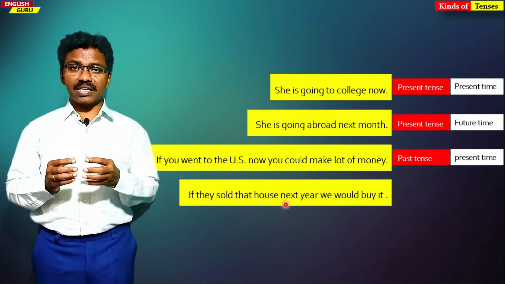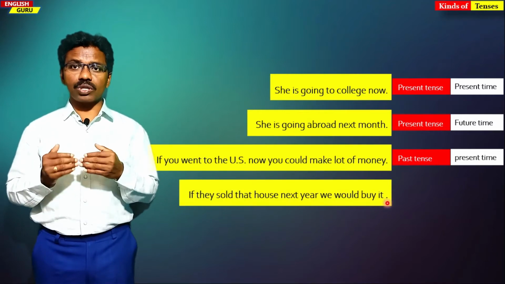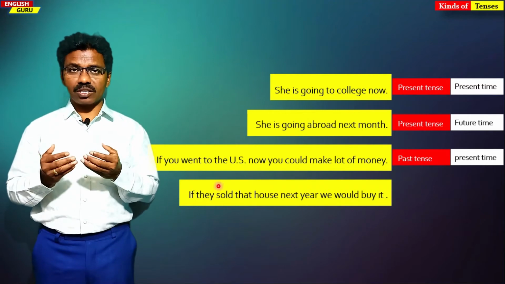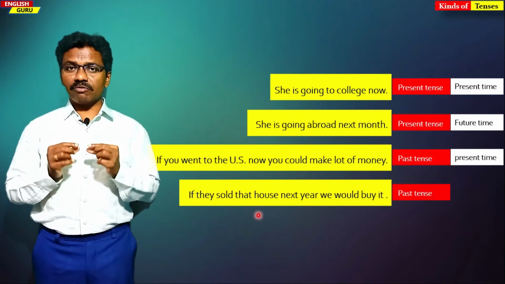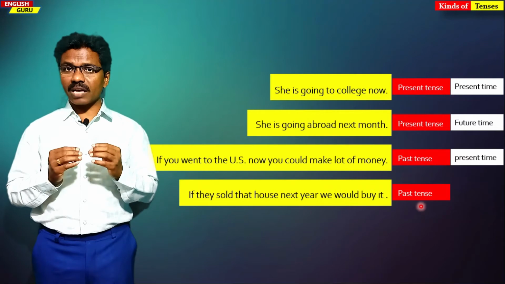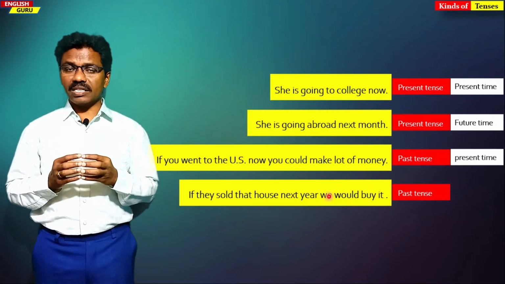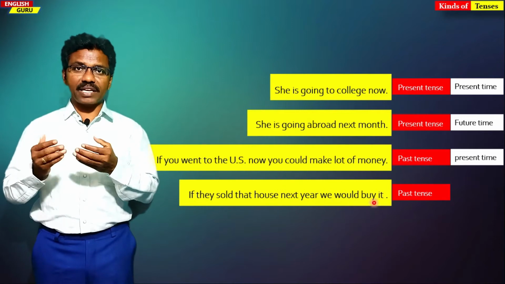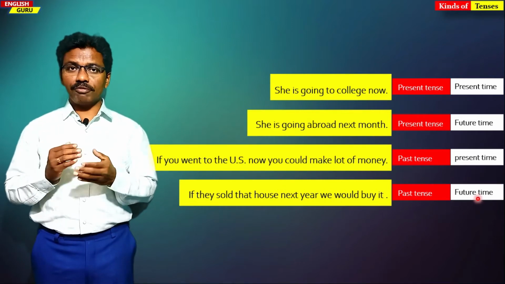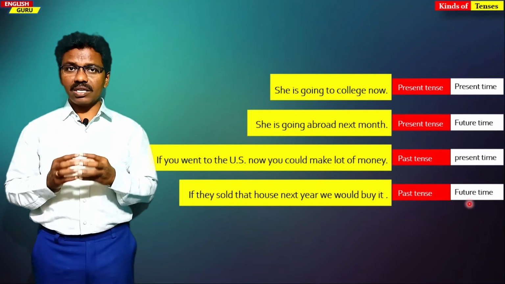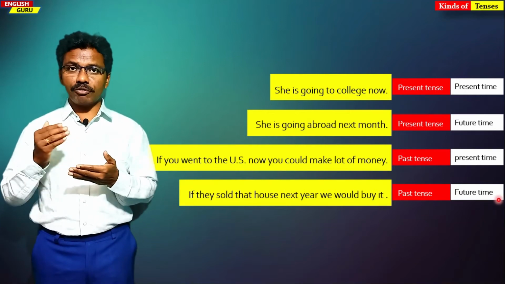And if you see in the next sentence, if they sold the house next year, we would buy it. So this sentence, the verb form is sold. So past tense. So the sentence is in past tense, whereas it is talking about we would buy it, future time. So future action. So sentence is in past tense, but talking about future time.